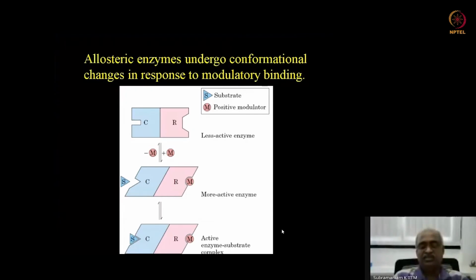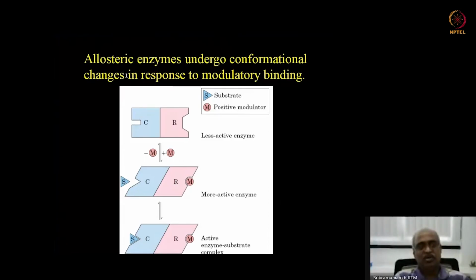So the activator binds somewhere else other than the active site. Here we are considering subunit 2's active site. With respect to that, oxygen binding in subunit 1 is somewhere else in the protein. And that somewhere else is what this word allo means. Steric refers to the position, other than the active site.